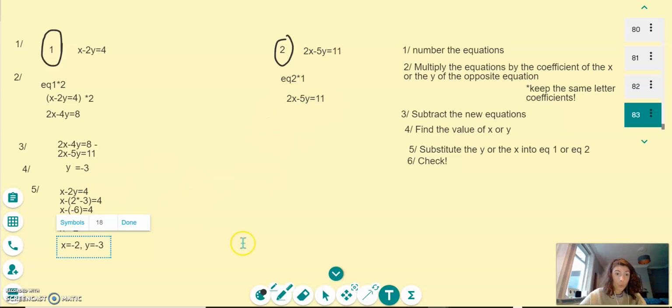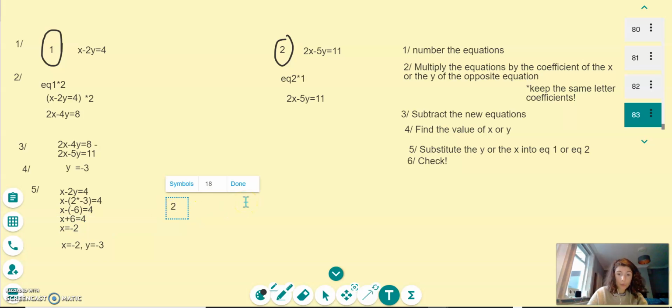So we can see that 2x minus 5y equals 11.